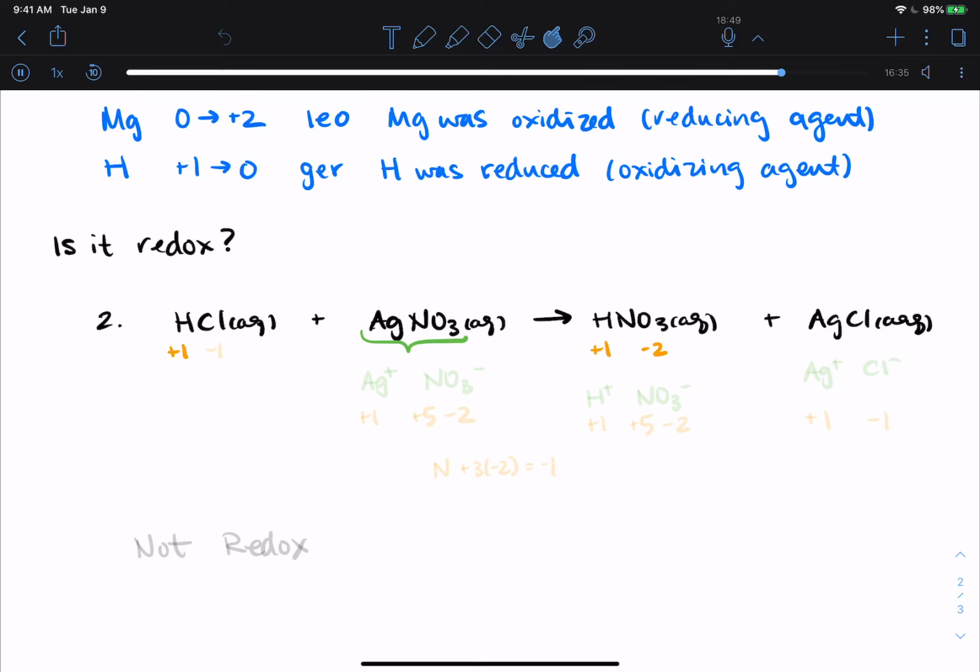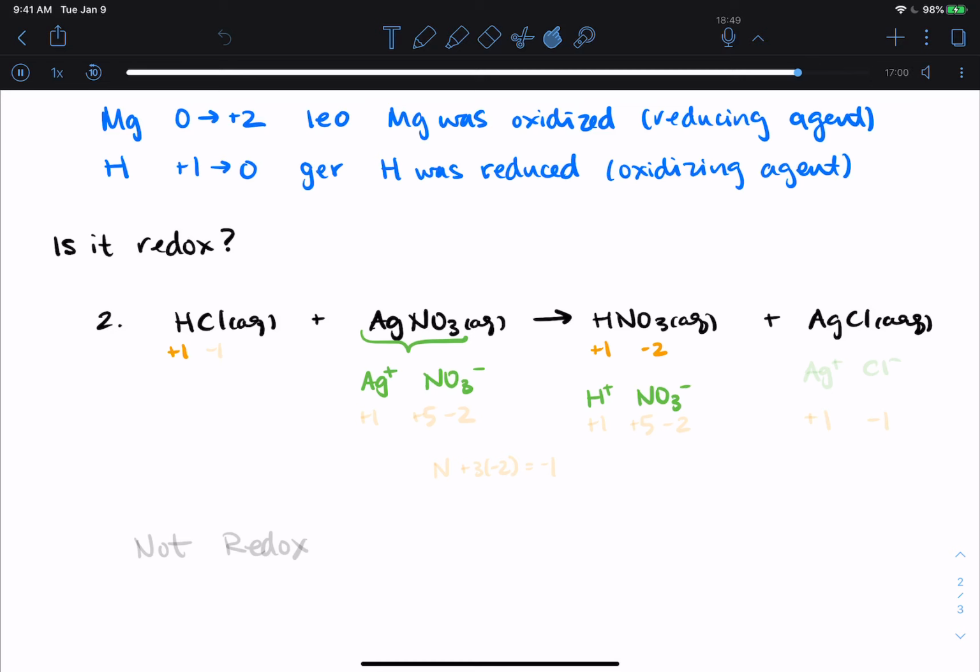So sometimes the best thing that you can do is split these up into ions that you know. So like the silver nitrate, I know is silver 1+ and NO3-. And my HNO3, right, is an H+ and an NO3-.